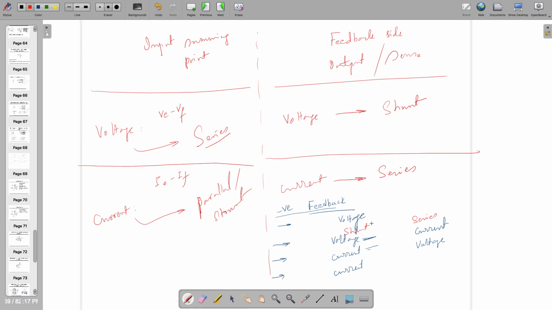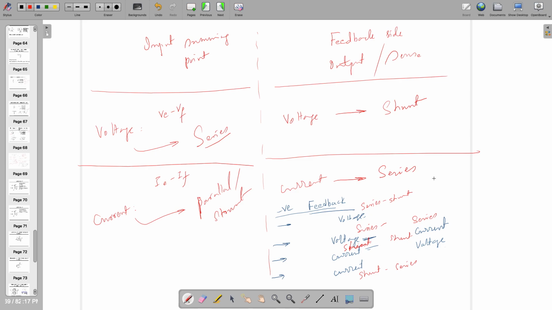Similarly you can write down other things like series shunt. I made a mistake maybe somewhere. It has to be series, and this has to be shunt.